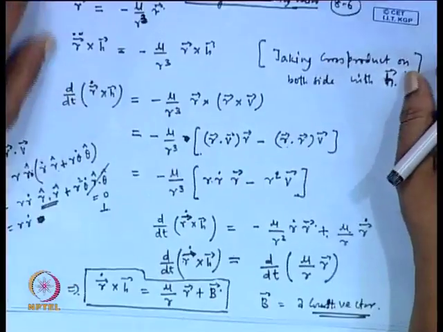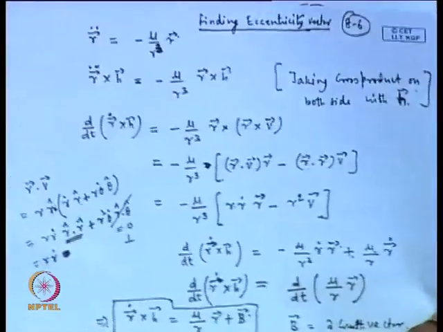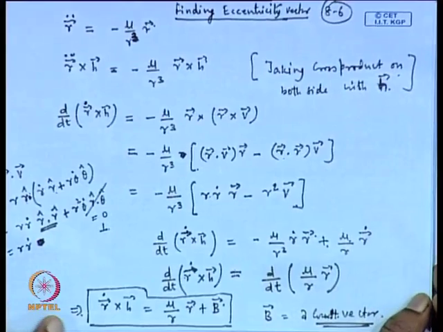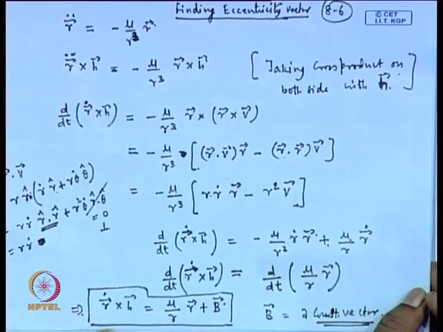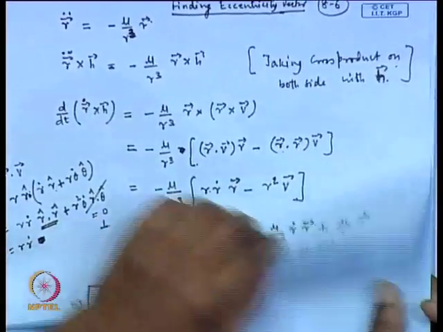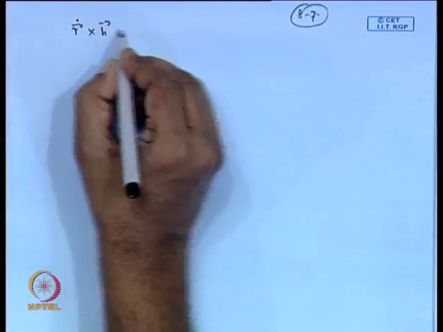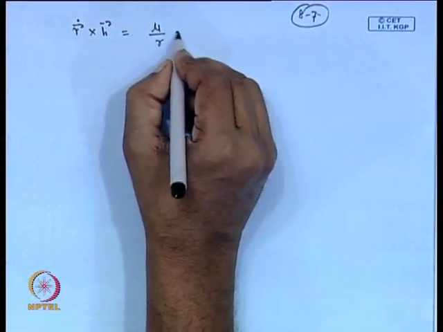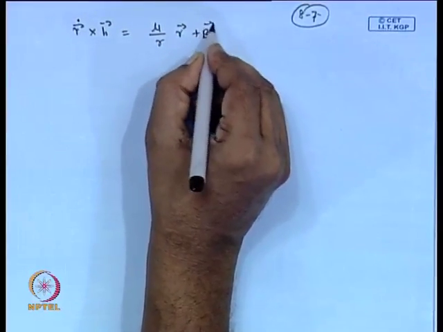Now, we can get a lot of insight from this equation. The earlier relation we derived, that is r is equal to L by 1 plus E cos theta, we can get from this equation also. So, let us have a look at this. We have r dot cross h equal to mu by r times r plus b.